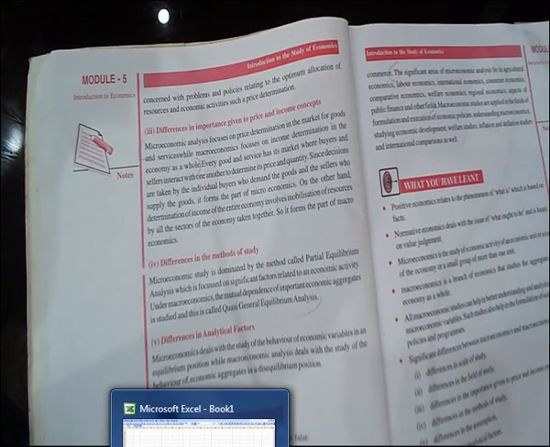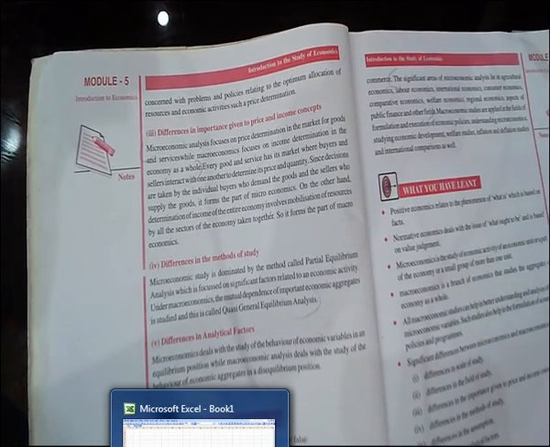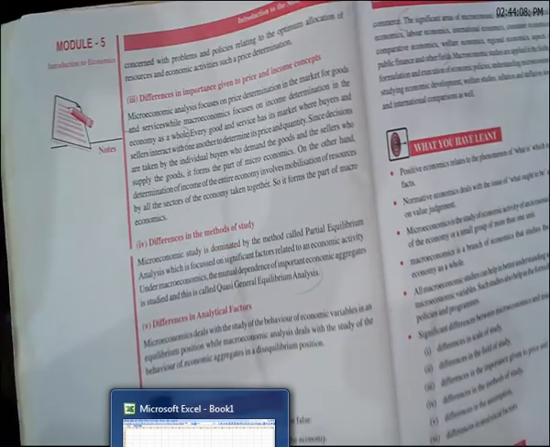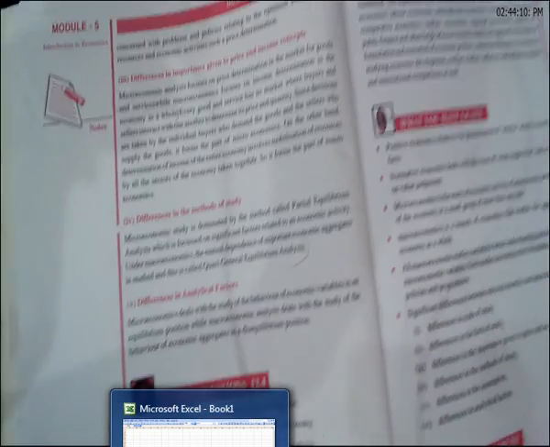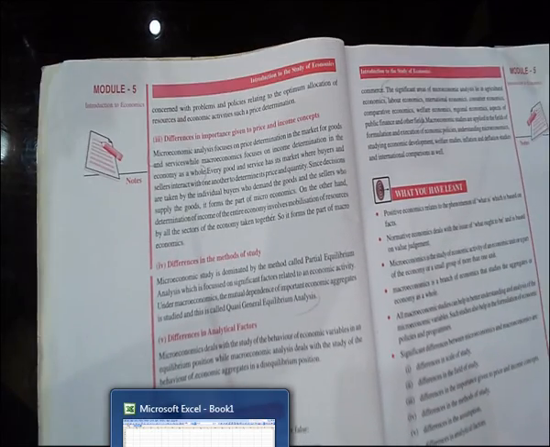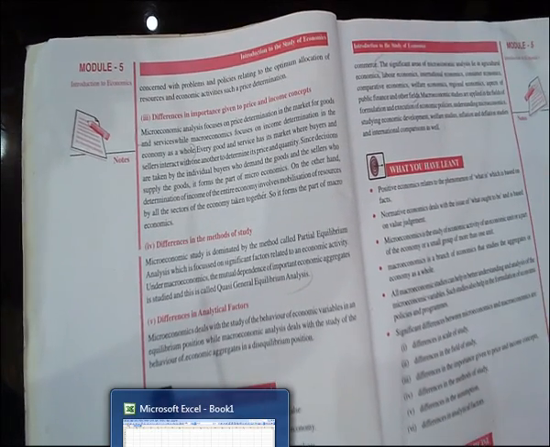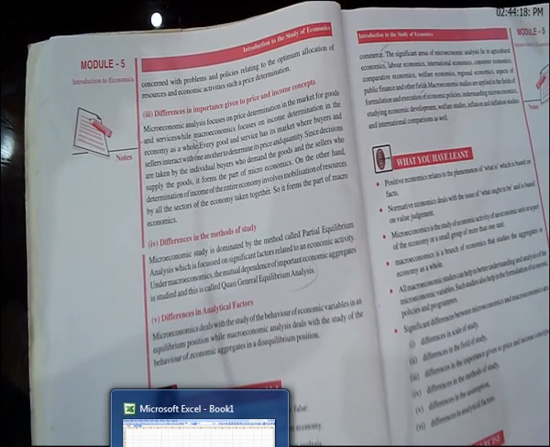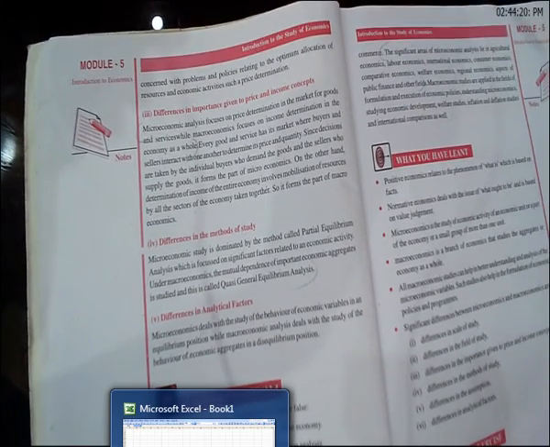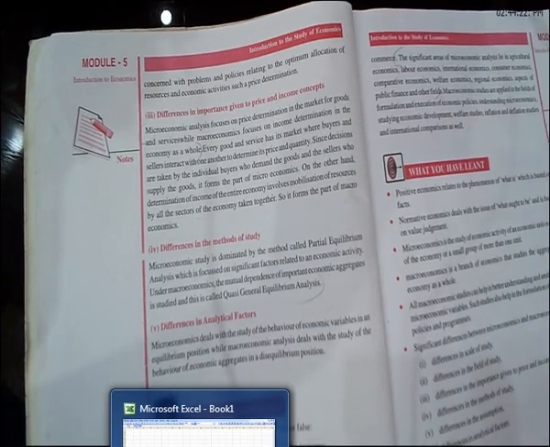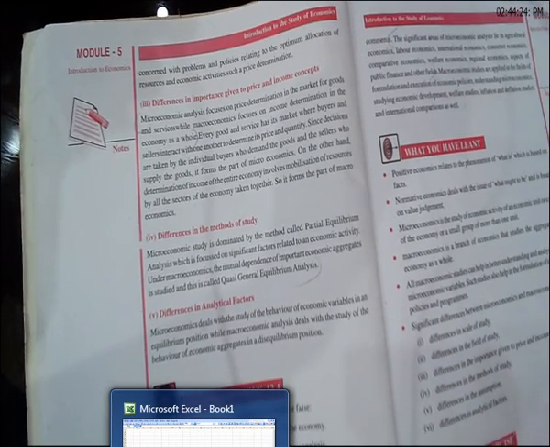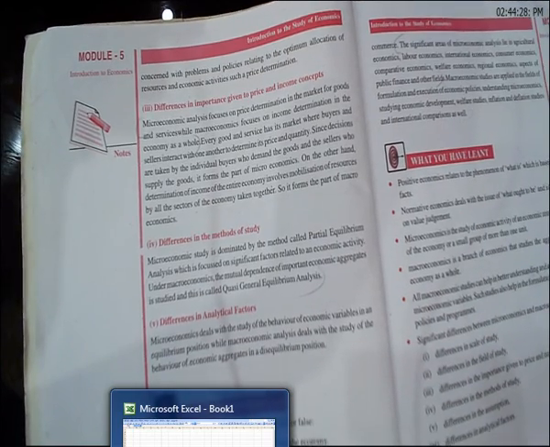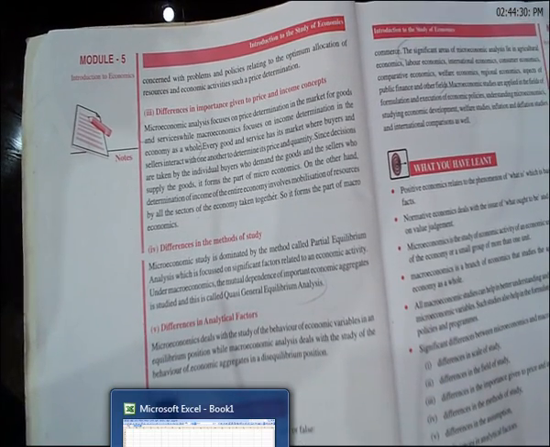Macroeconomics focuses on the income determination of the economy as a whole. Deciding the price of goods and services in a market, whatever it is, comes under the microeconomic concept. If we are deciding the income determination of the economy as a whole, it means we are deciding the national income. That relates to our whole country, no? So that comes under macroeconomics. This is the difference between micro and macro.